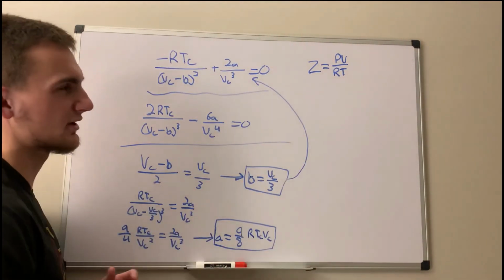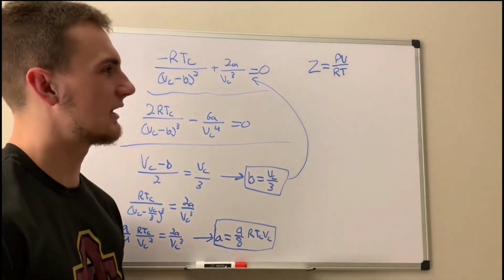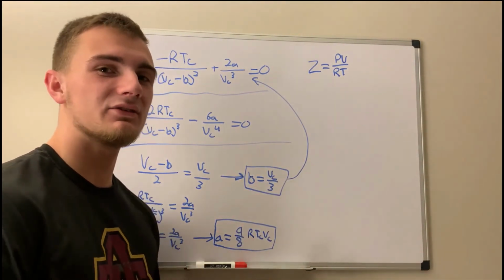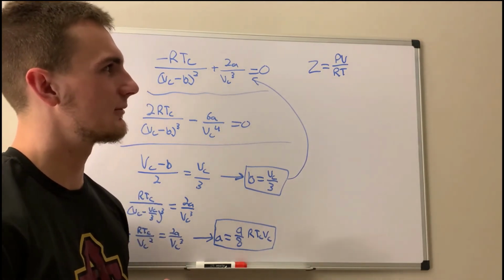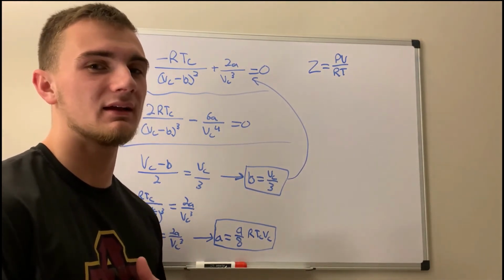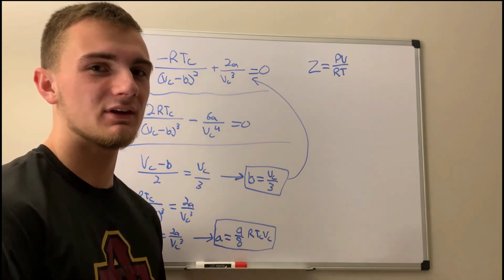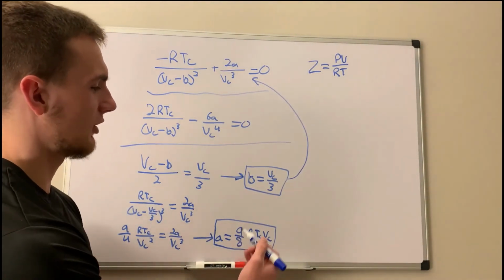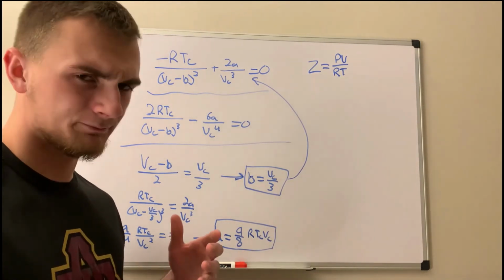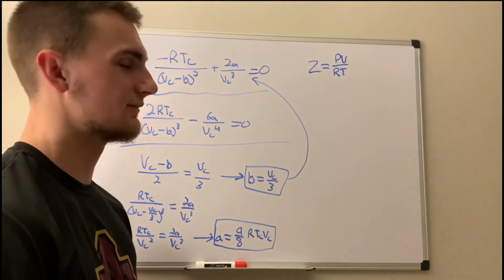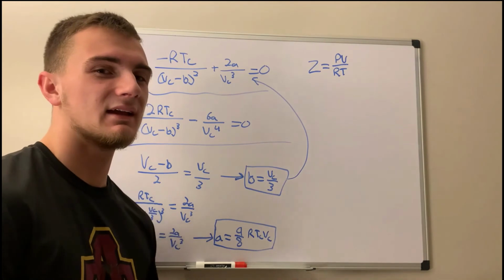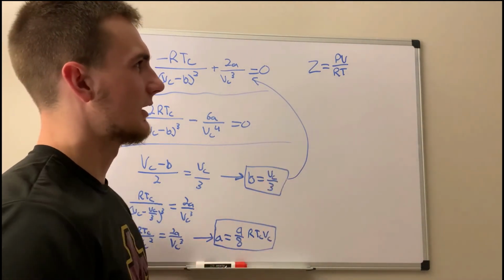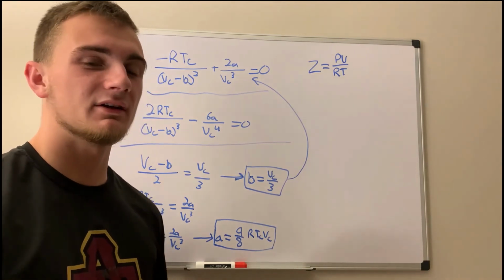Okay, so that's the compressibility factor. Now the compressibility factor of a gas that's in an ideal state is equal to 1. However, that's not the case with a gas that's in a non-ideal state. So what I'm going to do here is plug our A and B parameters into the van der Waals equation and basically derive an expression for the compressibility factor, and it's pretty cool.